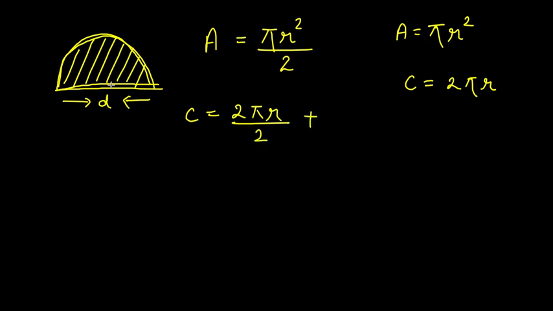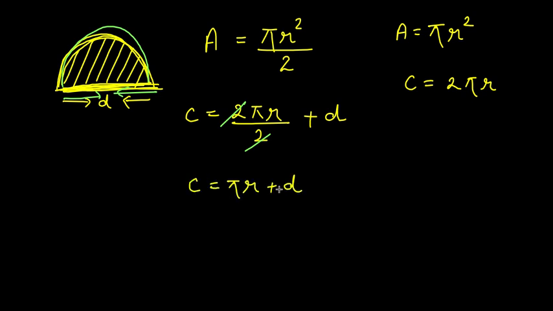But we know that we need the total boundary, the length of the boundary, in which along with this pi r, this diameter is added. So I have to write plus d, because we have to take the complete boundary. If I am taking this as pi r, I have to add this diameter also, because the diameter is also involved in the outside boundary. So this 2 can be cancelled with this. So the circumference of the semicircle is pi r plus d.